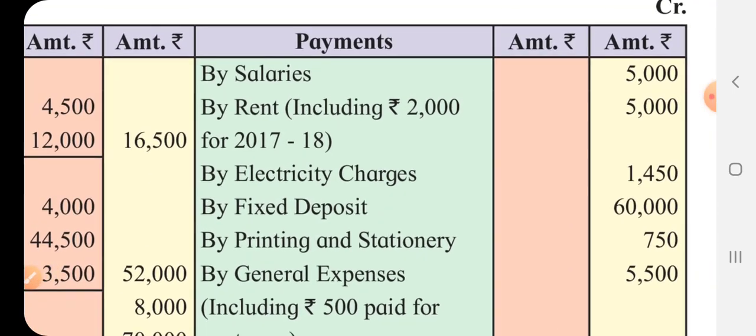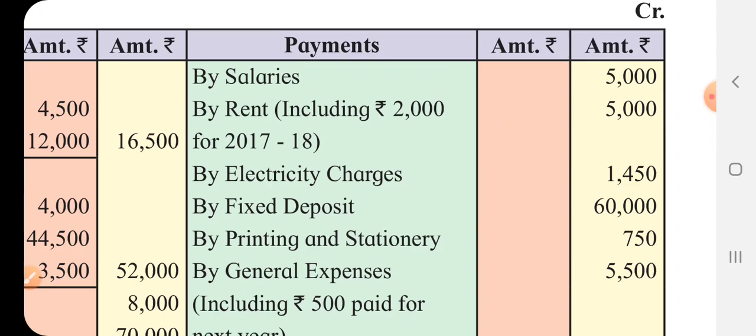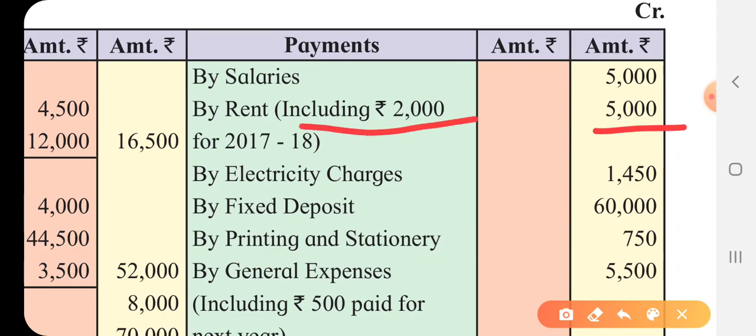Payments now. We paid for salaries, expenditure. We paid for rent. What amount we paid for rent? We paid 5,000, but it includes 2,000 for the previous year. Only current year's rent will be debited to income and expenditure account. 5,000 minus 2,000.